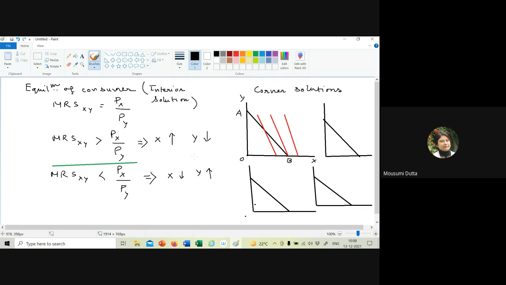And I am considering X and Y are perfect substitutes to each other, giving a set of parallel negatively sloped straight line curves. Indifference curves are negatively sloped straight line curves.